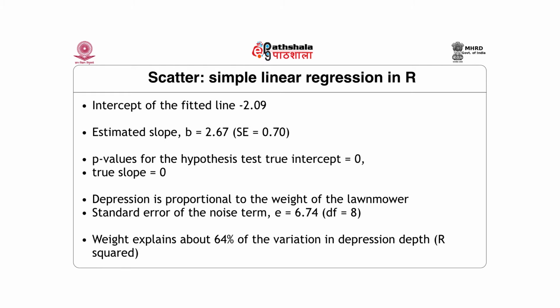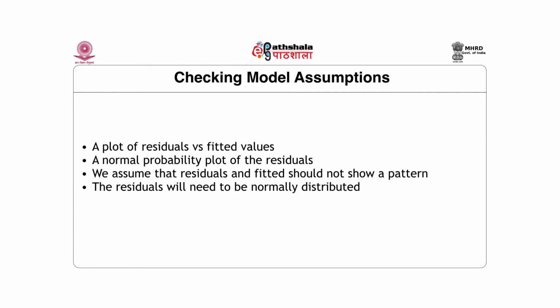So once we have done this bit, the very next thing that you should do is check the model assumptions. And there are many different ways in which you can check the model assumptions. You can plot the residuals versus fitted values, and always residuals versus fitted values, never residuals versus explanatory variables.